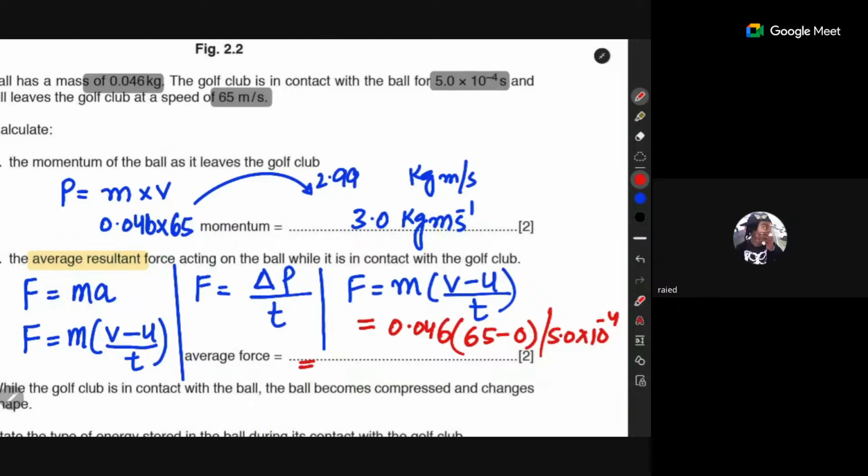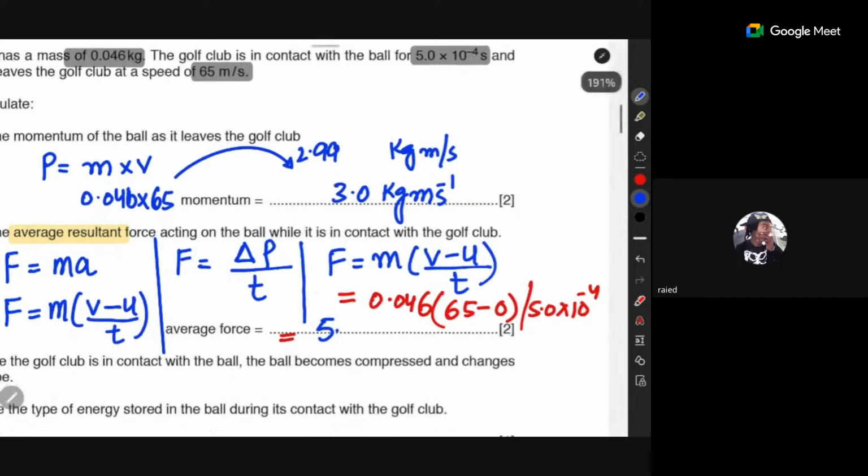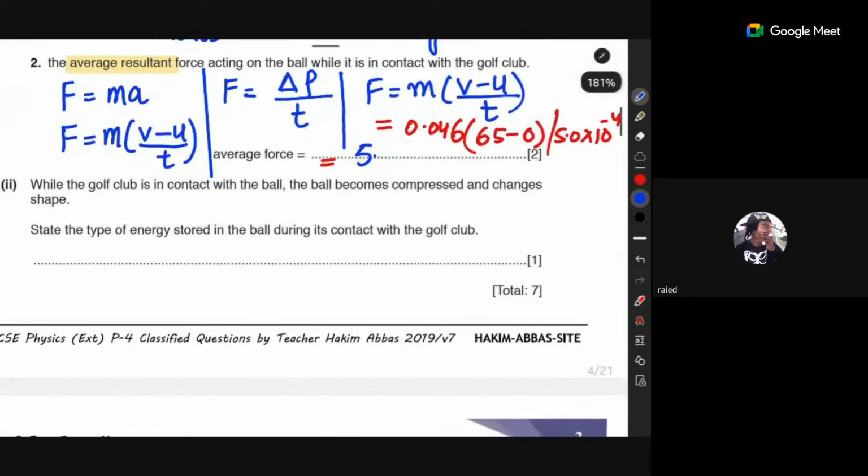So 5.98 multiplied by 10 to the power -5? No. Okay, let me calculate here. 0.046 into 65.